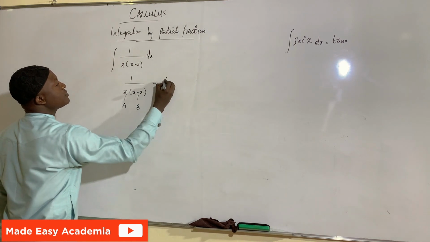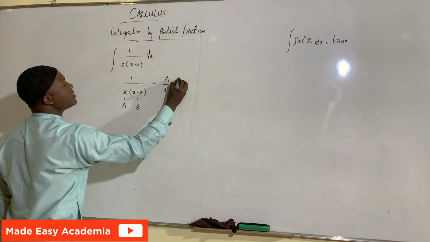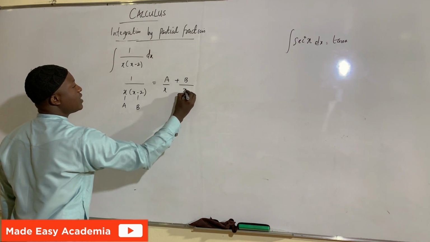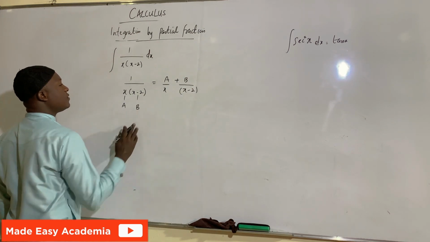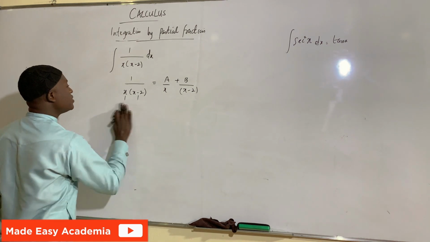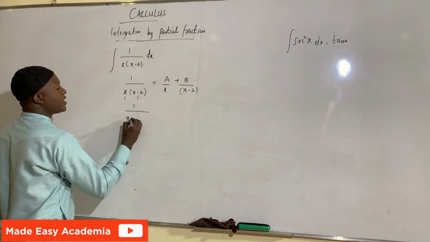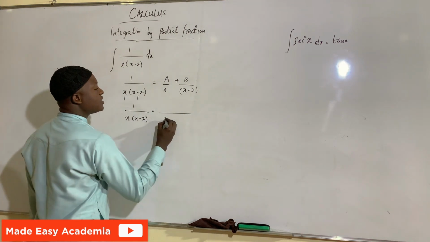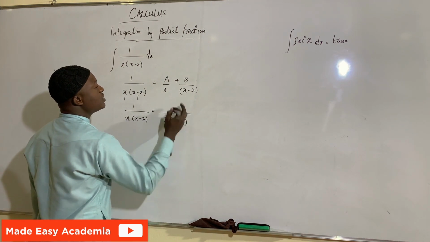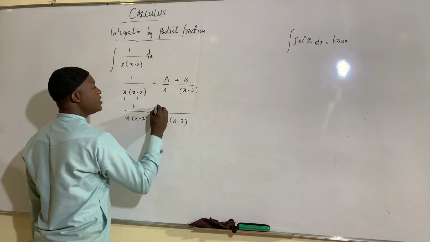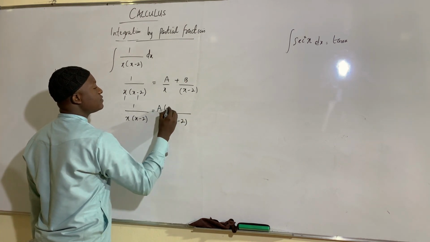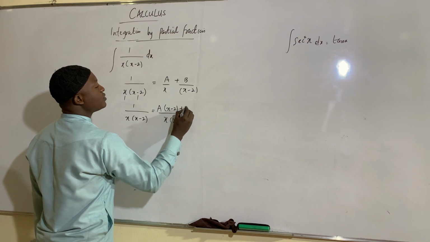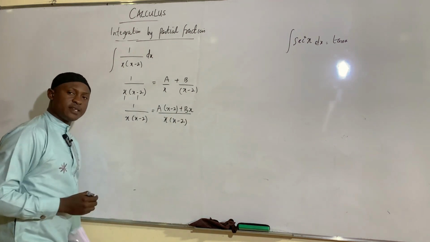Meaning, this can be A over x plus B over x minus 2. So that means 1 over x(x minus 2) is equal to A(x minus 2) plus Bx, over x(x minus 2).